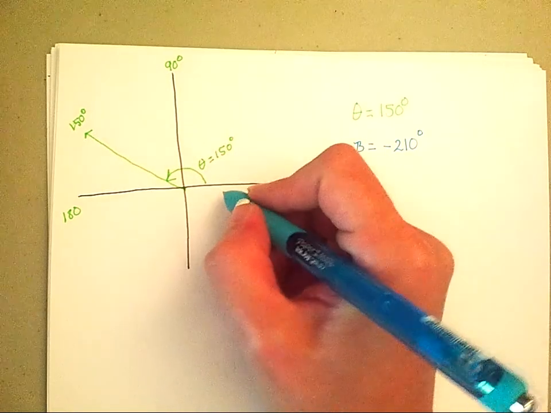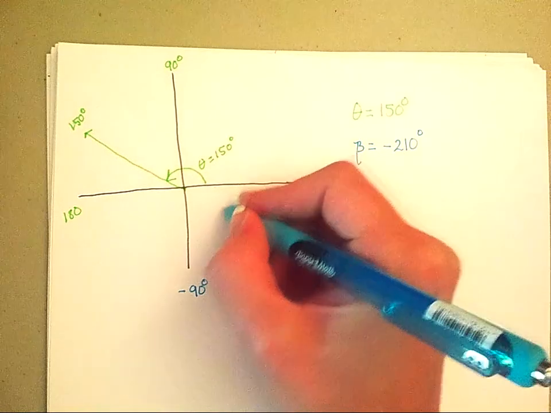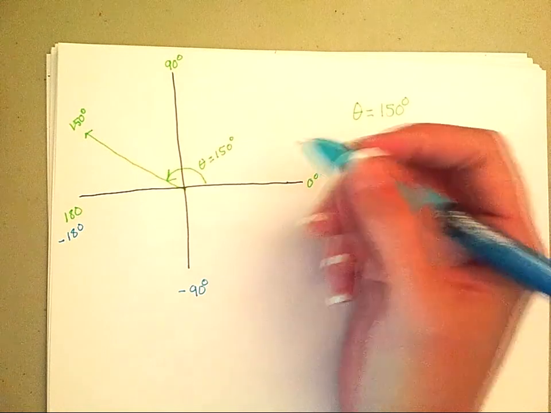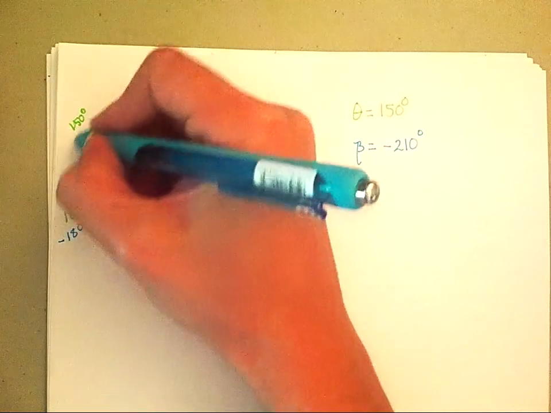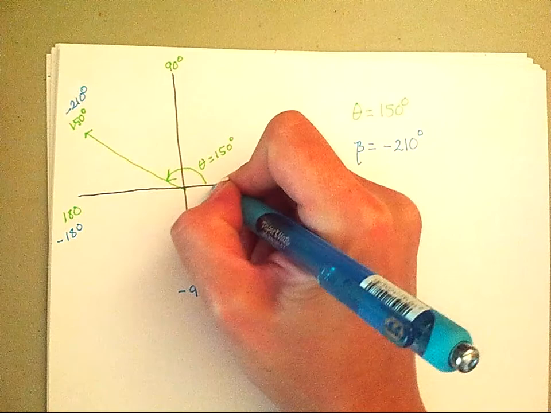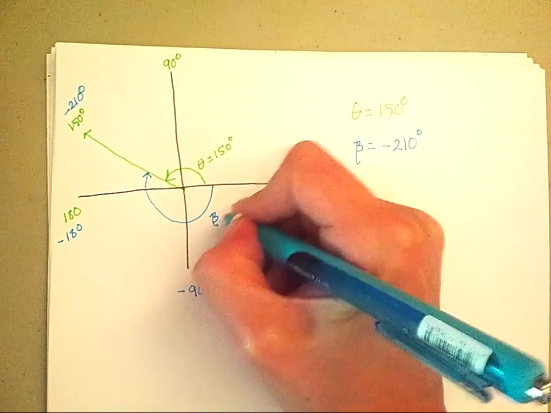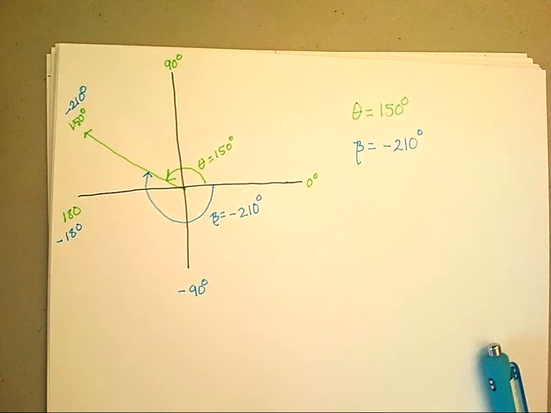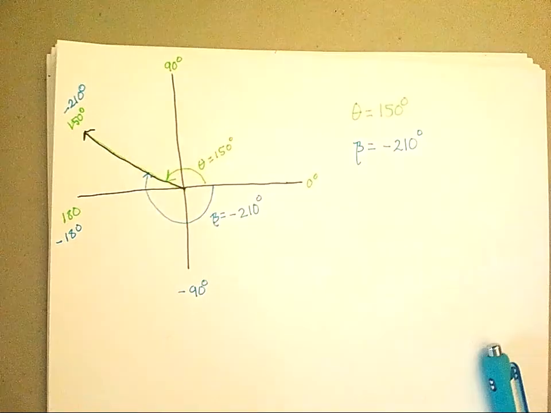So I would start at the initial side, and if I do that, now this is negative 90 degrees, this is negative 180 degrees, and I need to go another 30 degrees negative. So it would turn out my angle beta would fall here. And perhaps I should draw this in black to make this a little more clear. Okay.